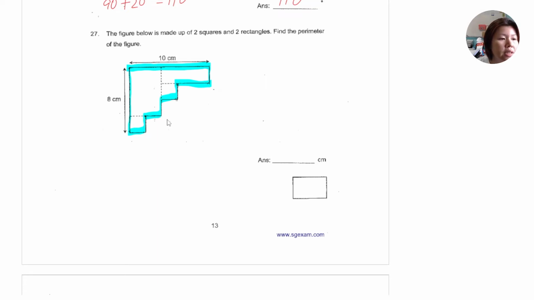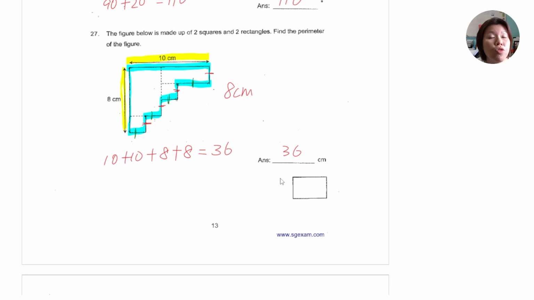So if you have realized this line, this line, this line, and this line is actually 8 cm because it's equivalent to my side here, and this line, the green one, add up to give me my 10 cm. So to find the parameter is 10 plus 10 plus 8 plus 8. 36 cm.